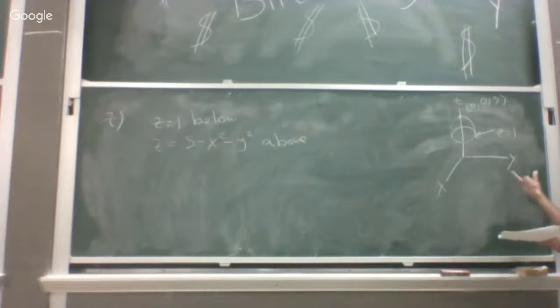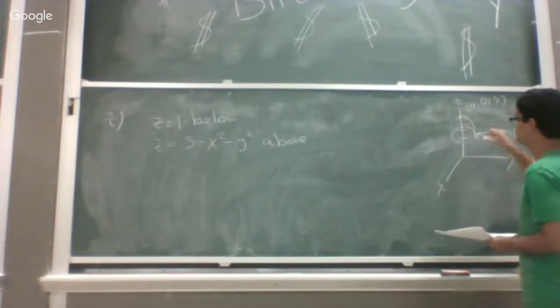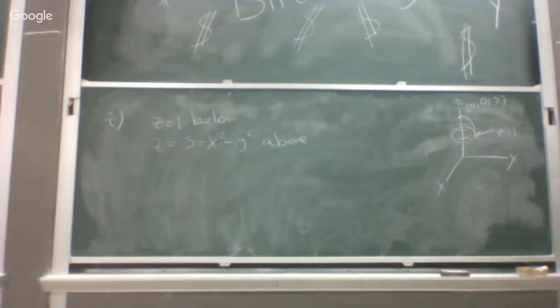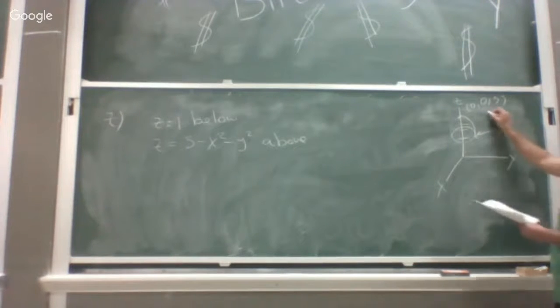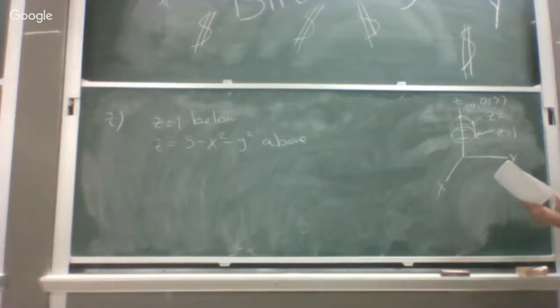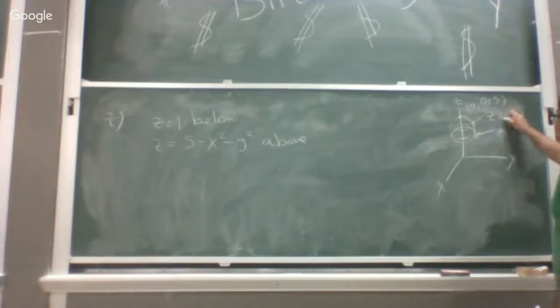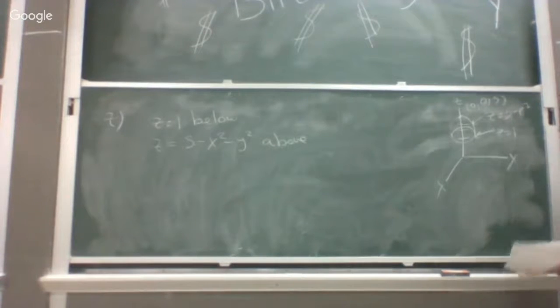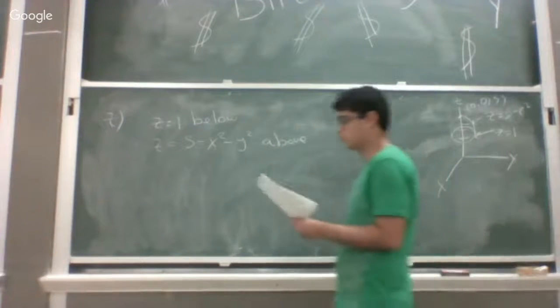Because we're increasing x and y values, so we get a lower z value each time. And then we can write 5 minus x squared minus y squared, or we can just say 5 minus r squared. You can do either.